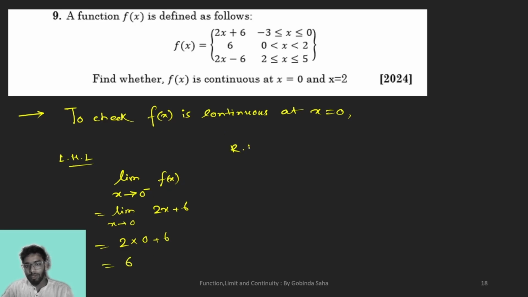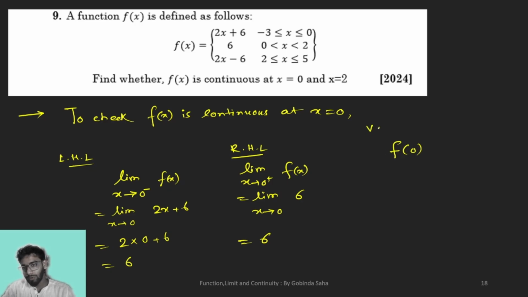6. Similarly, find RHL, limit x tends to 0 plus fx. So fx is nothing but, 0 plus greater than 0, close to 6. Now find the value of f of 0, that is value of fx at x equals to 0.